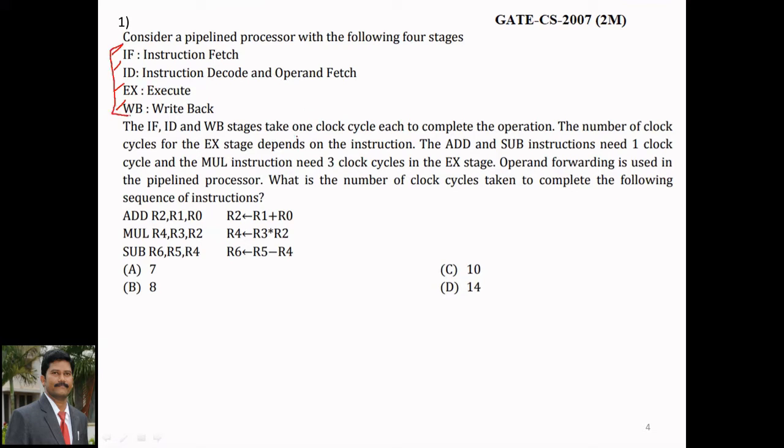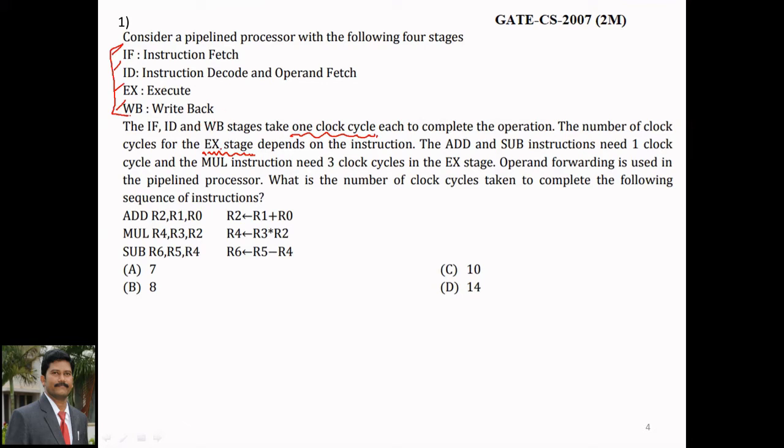Assume each stage will take 1 clock cycle to complete the operation. But for the execution stage, it depends upon the instruction. IF, ID, WB will take 1 clock cycle for any instruction, right?